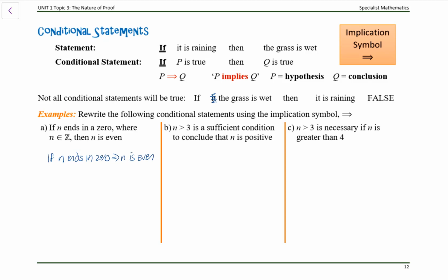The next one, if n is greater than 3, is a sufficient condition to conclude that n is positive. So if n is greater than 3, this implies n is positive. It's very dodgy. You could also write that if n is greater than 3, this implies n is greater than 0. It's positive.